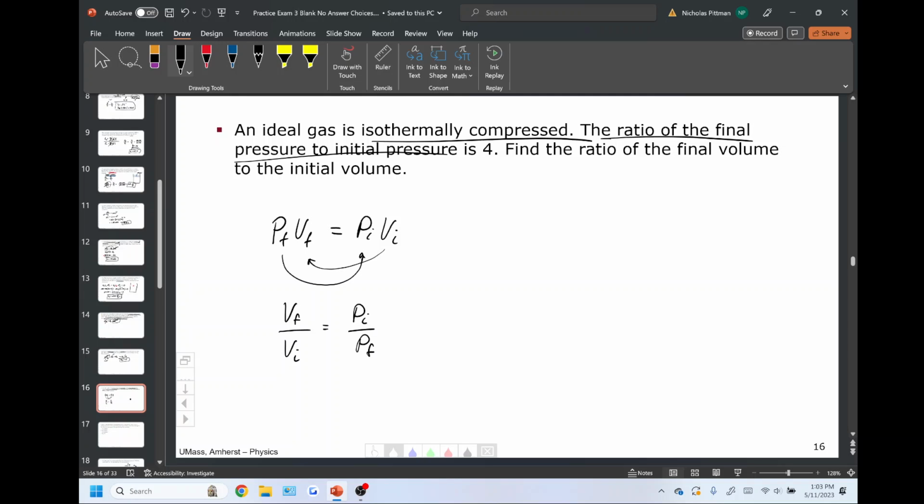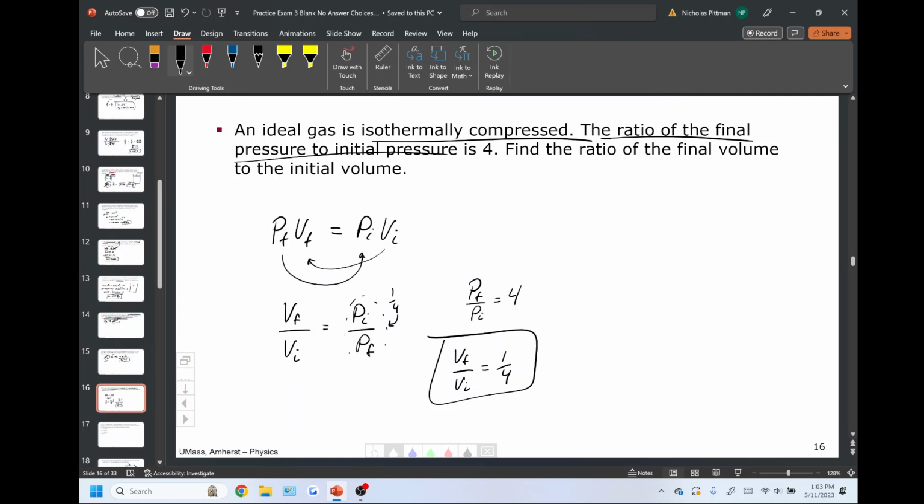The ratio of final pressure to initial pressure is 4. That means this right here is actually 1/4. So the answer is that V final over V initial equals 1/4.